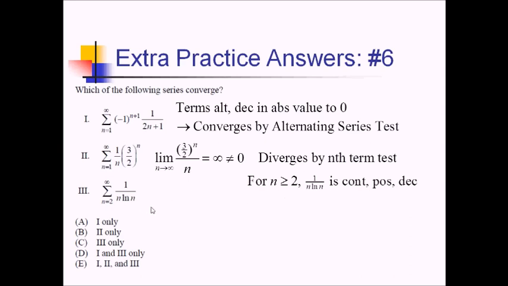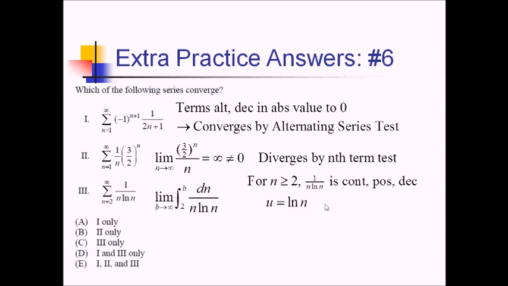So we can write limit as b approaches infinity, integral from 2 to b of 1 over n ln of n dn. And now to actually integrate this, I end up needing to use substitution by swapping out ln of n for u. So let me say u equals ln of n.